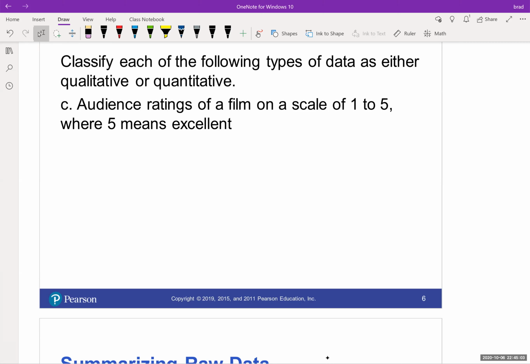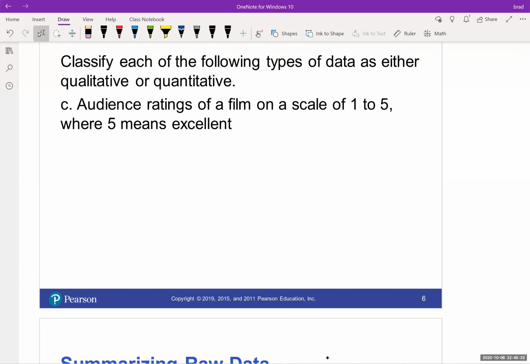Okay, so even though these values make you think they're a number, 1, 2, 3, 4, and 5. If I told you the movie was a 5-star rating, does that mean the number 5, like it has a numerical value, or does 5 have a representation of a good rating, right? Or if you're buying something from Amazon and it is a 4-star rating, is that a good rating or a bad rating? Not because of the number 4, but because of what we attach to the idea of a 4-star rating or a 5-star rating.